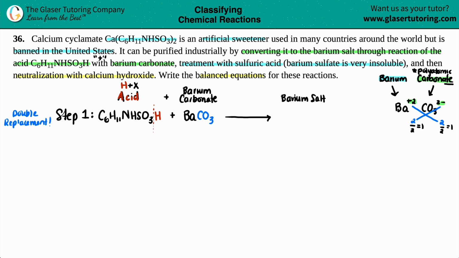Now, the breakdown here is between the H and the rest of the compound. And remember, when you're breaking that down, and maybe I'll put this over here, C6H11NHSO3, and you have that acidic H, and the breakdown is right here.